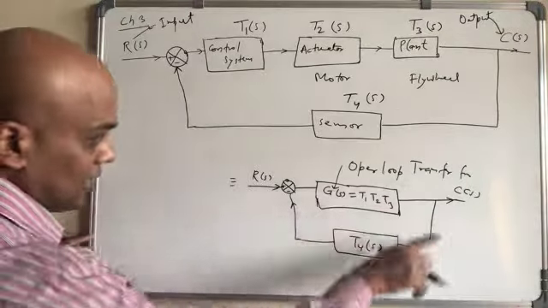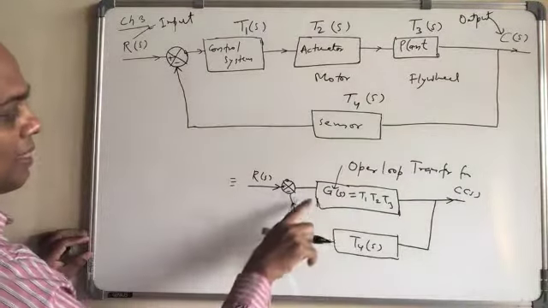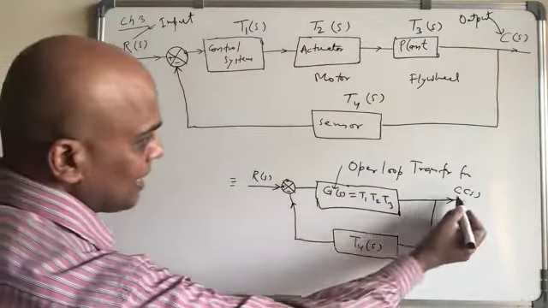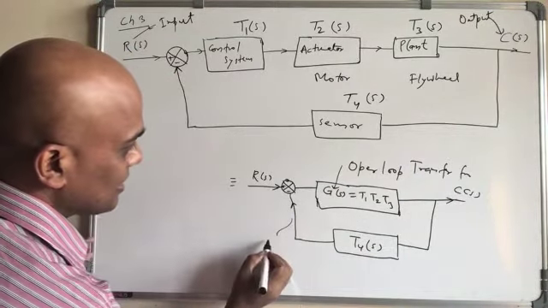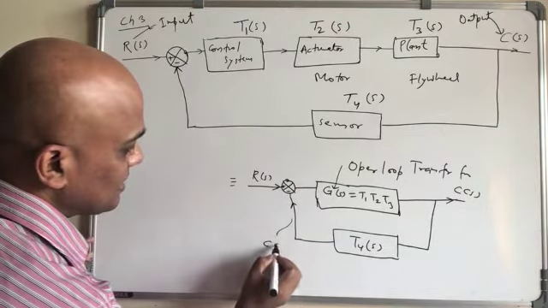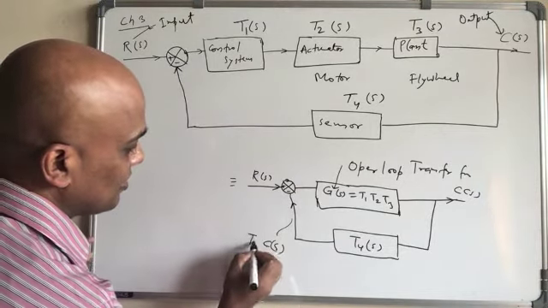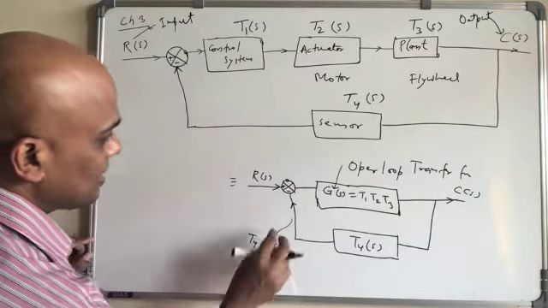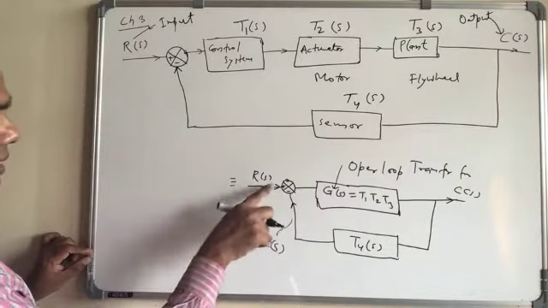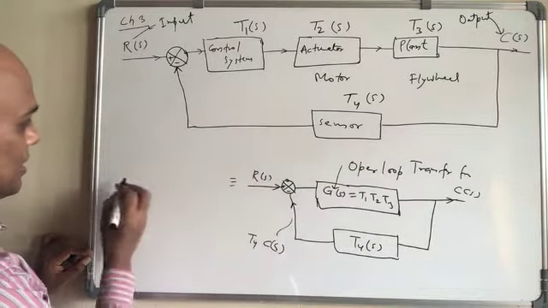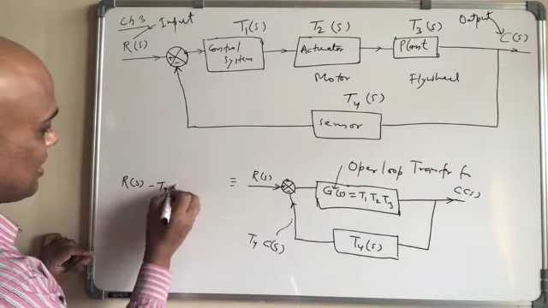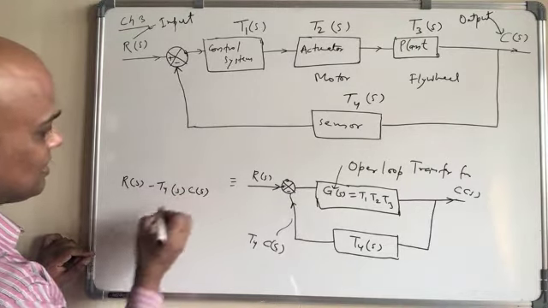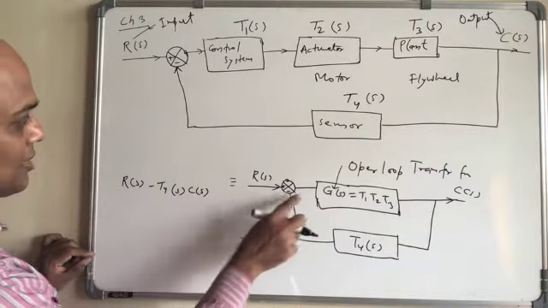If you see here, C is coming here, and this becomes C(s) times T4. So the total here becomes R(s) minus T4(s) times C(s). This is the error.